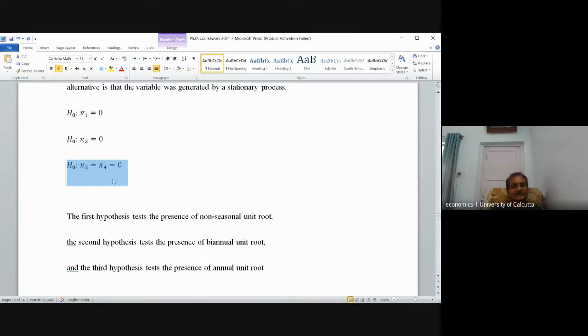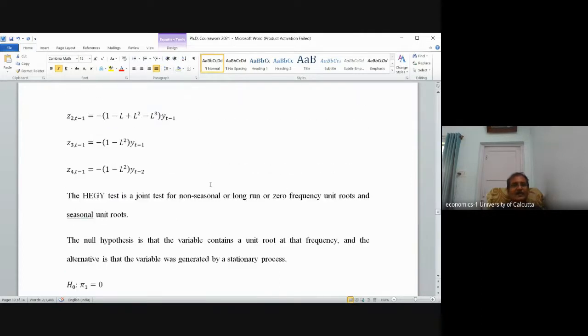How? Take Z3 and Z4. We have taken pi 3, pi 4 together. So what is the value for Z3 and Z4? This is the value for Z3. Try to understand the value for Z3.